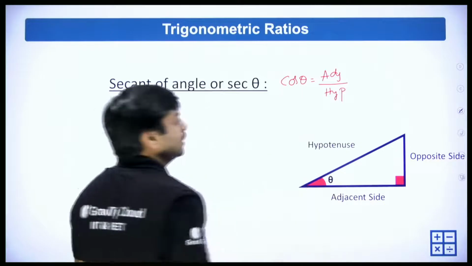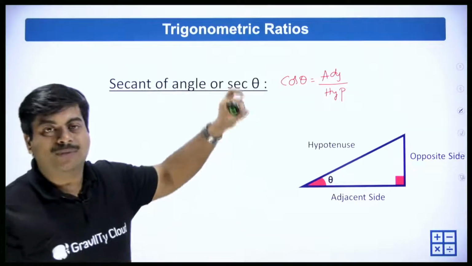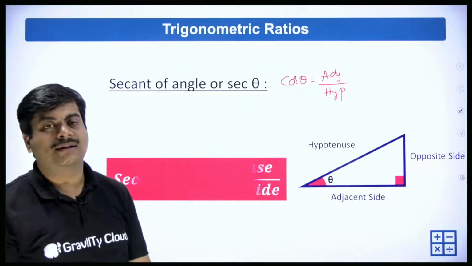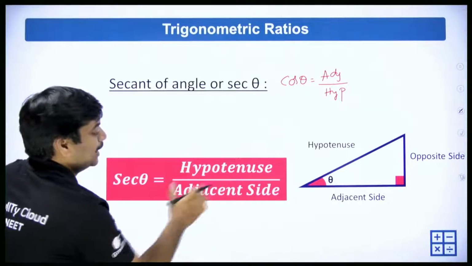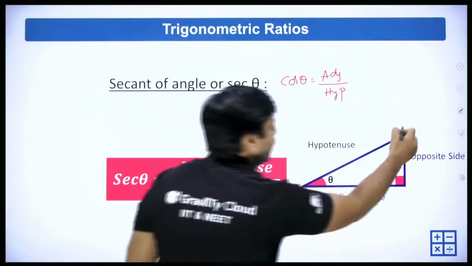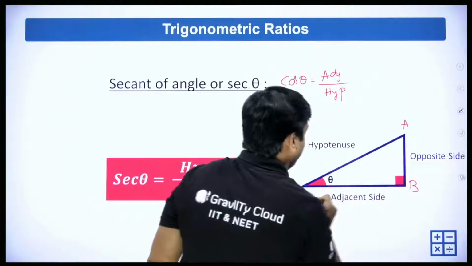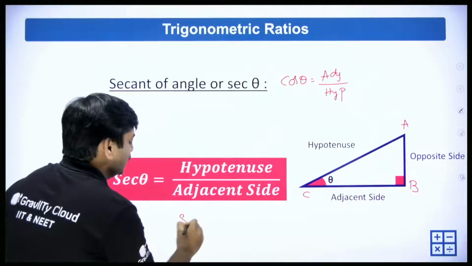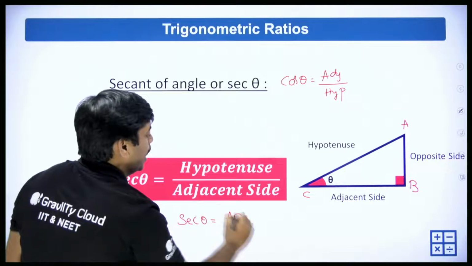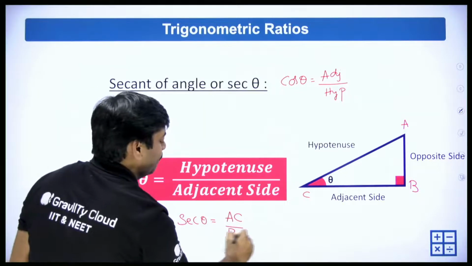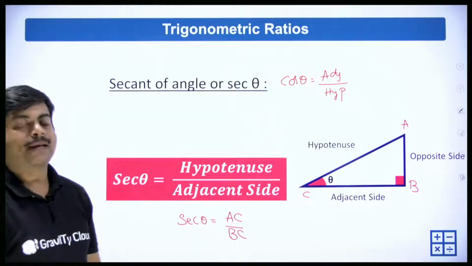So the point is, the exact reciprocal of that is hypotenuse by adjacent side. If this is ABC, then secant theta is equal to hypotenuse AC by adjacent side BC.